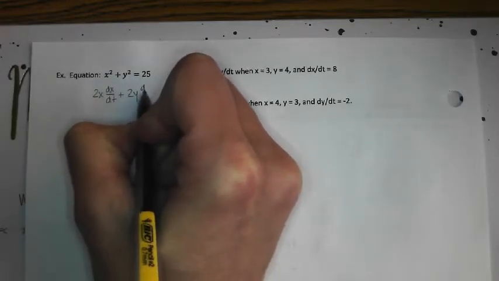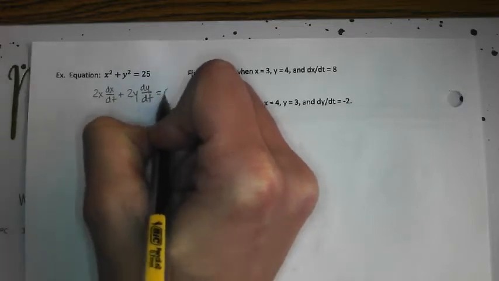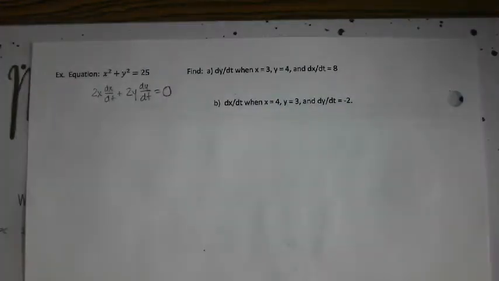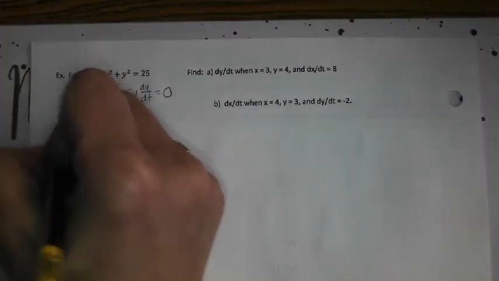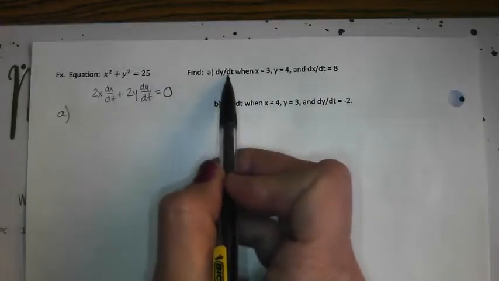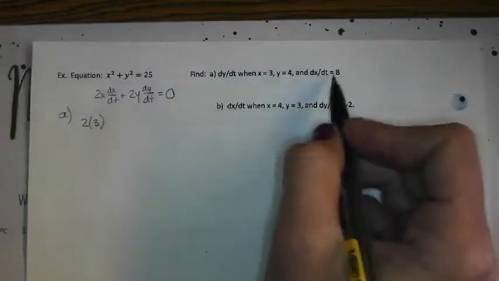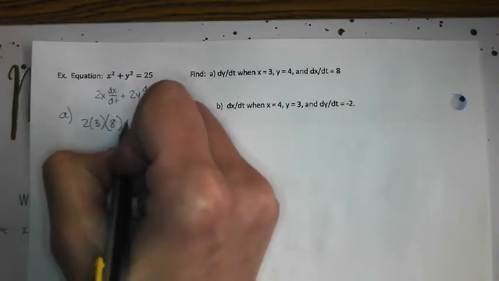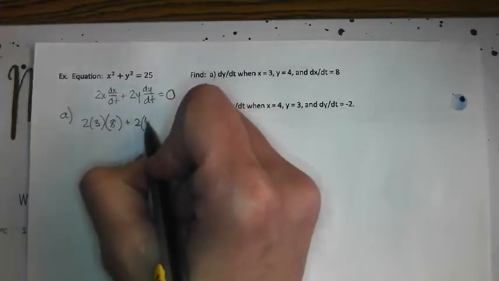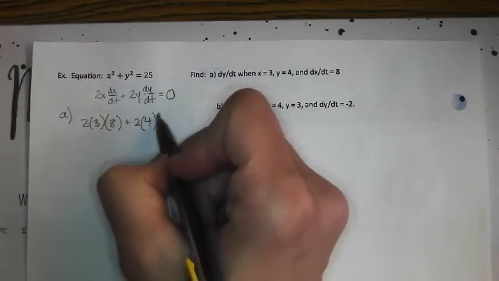Perfect. And then for part A, we're just going to plug in what we know. So find dy/dt when x is 3, dx/dt is 8, y is 4, dy/dt is what we're searching for.